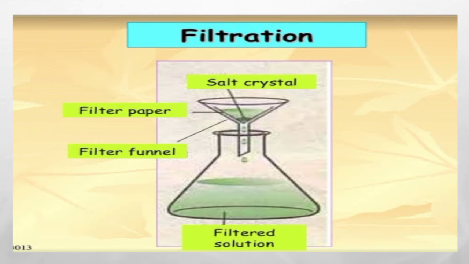For example, sand and water can be separated by filtration. When you pour a mixture of sand and water through filter paper, water will pass through and sand will remain on the filter paper only, and you can get clear water easily.